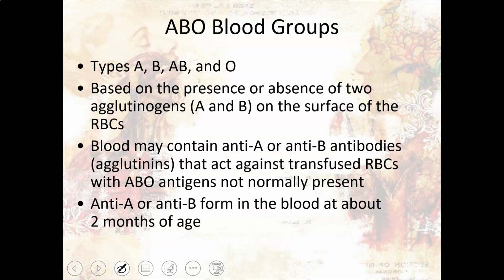The ABO groups give us 4 major blood types: type A, B, AB, and O. This is based on the presence of 2 agglutinogens, the A and the B antigen on the surface of the red blood cell.